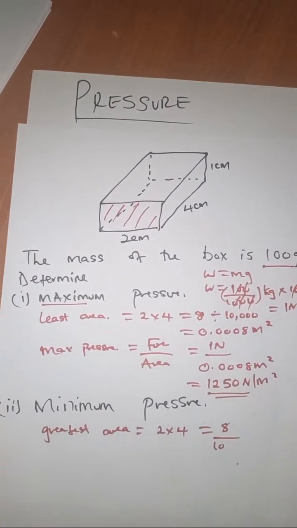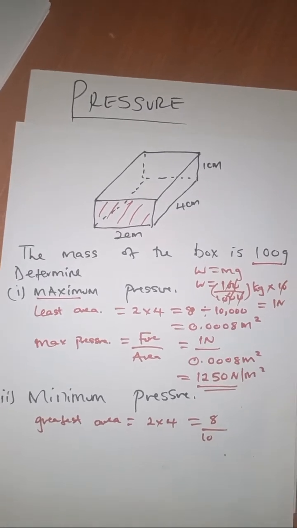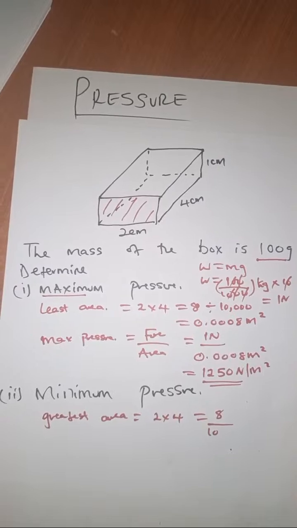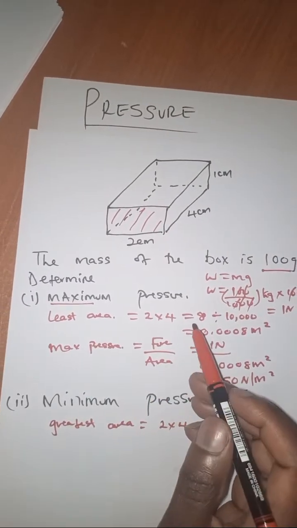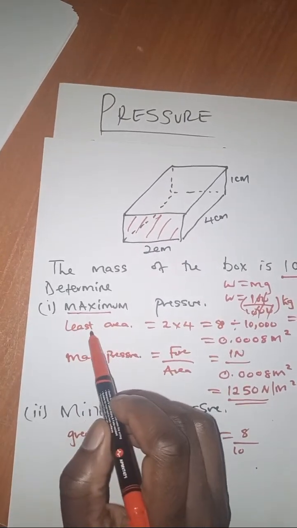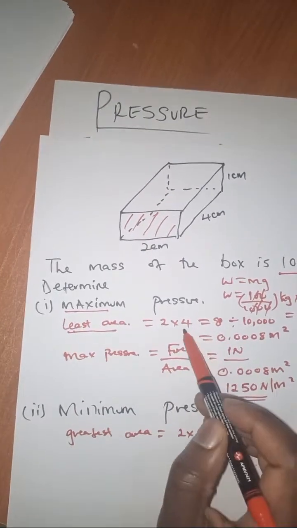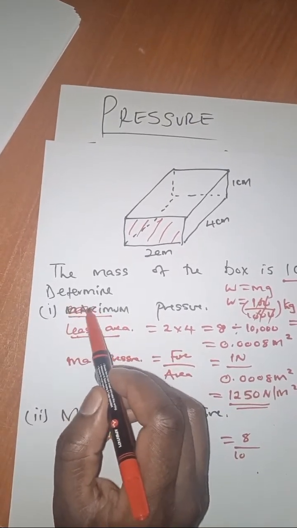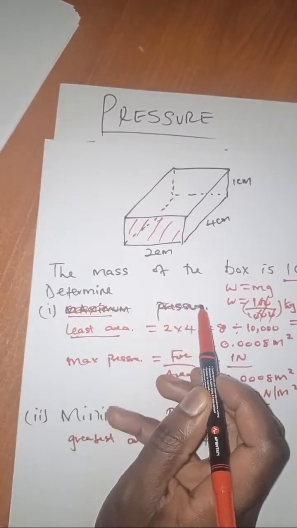So from what we've done, we never used the least area here. So this is not the least area. Therefore we are going to change this question to be framed as part 2.